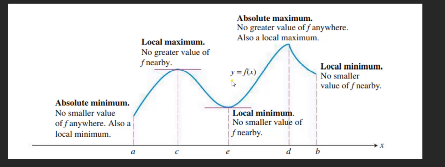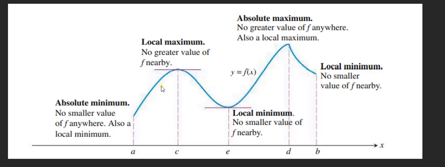Let's take a look at this graph, y equals f of x. And we have an interval from a to b, and they're both closed. What's happening over here? Well, that is the lowest y value, so that is the absolute minimum. Also, around that neighborhood, that has the lowest y value, so it could also be a local minimum.